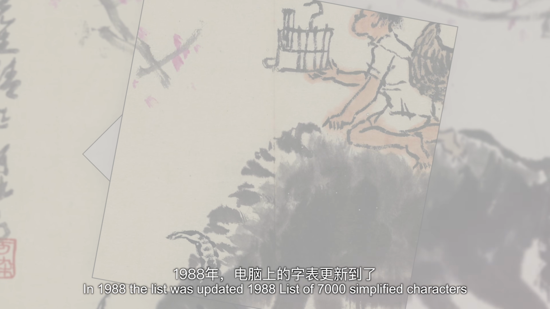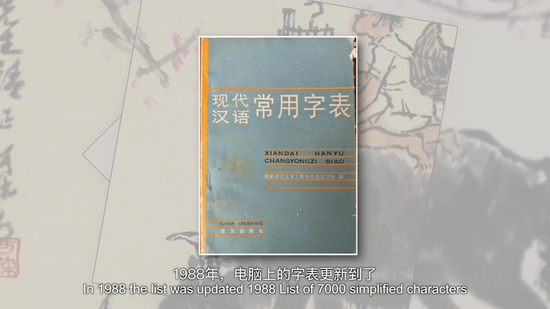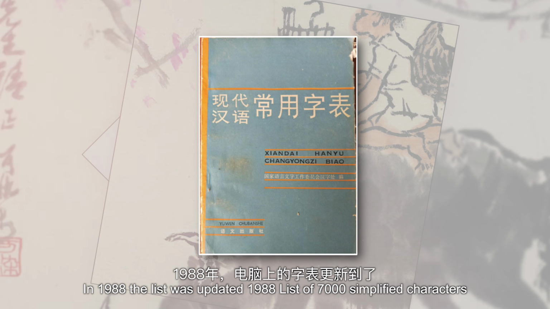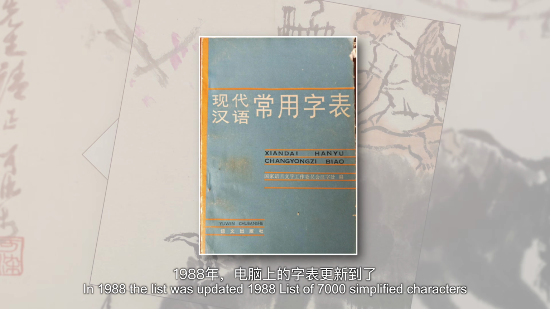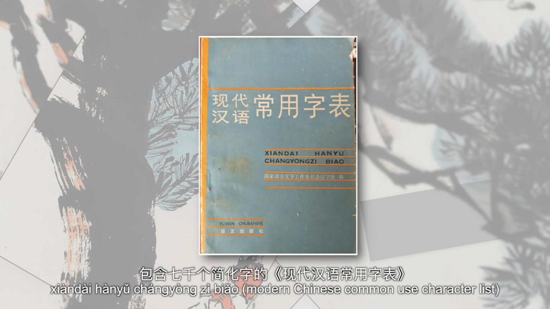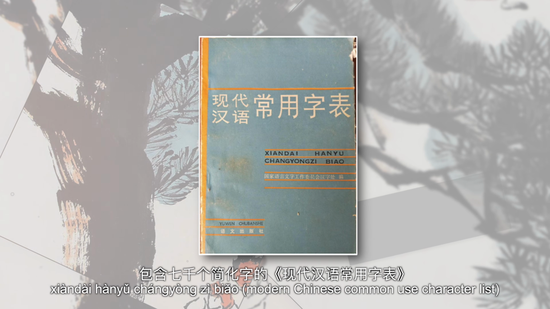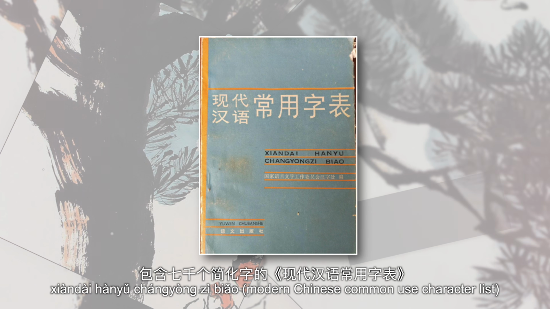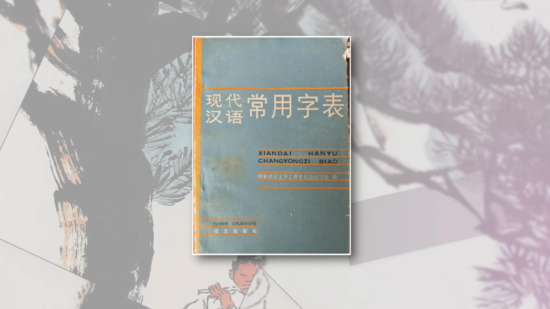In 1988, the list was updated. The 1988 list of 7,000 simplified characters, the Xindai Hanyu Qiangyong Zibiao, or Modern Chinese Common Use Character List.